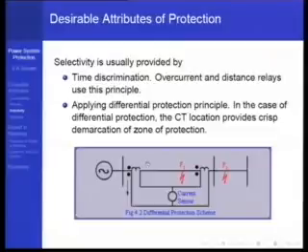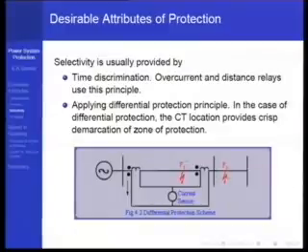A better way of providing selectivity is to apply a differential protection principle. In this particular case, we have connected a CT here and a CT here, and set up a circulating current in the absence of a fault. If there is a fault, then the differential current will flow through the element and this relay will pick up.